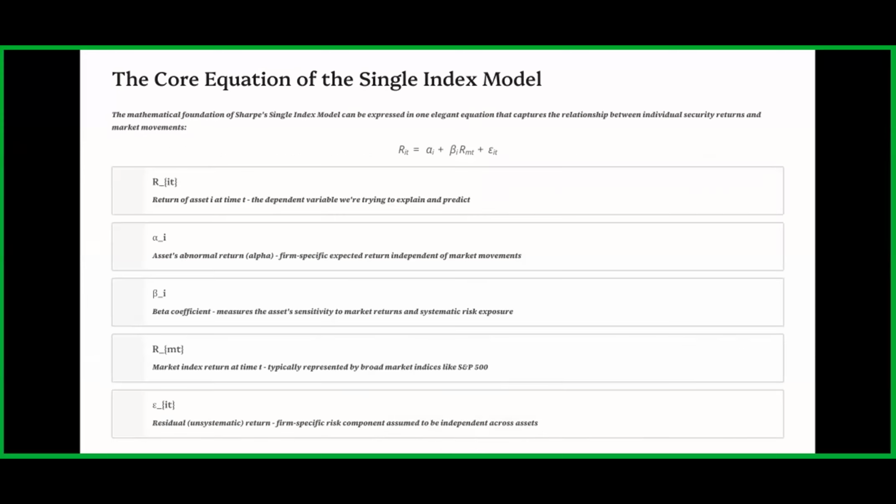The single index model reduces the complexity. Instead of comparing one company with another by using correlation, or calculating standard deviations or covariances, we minimize that part in the single index model.